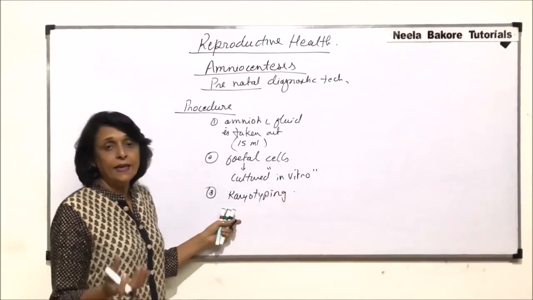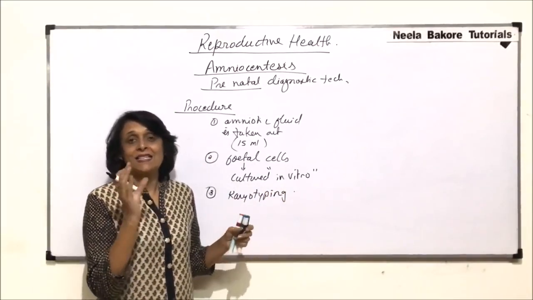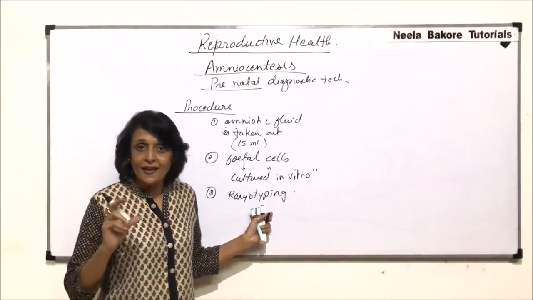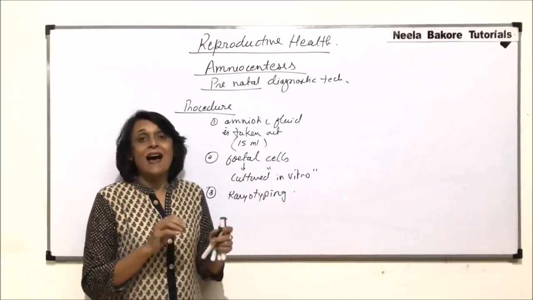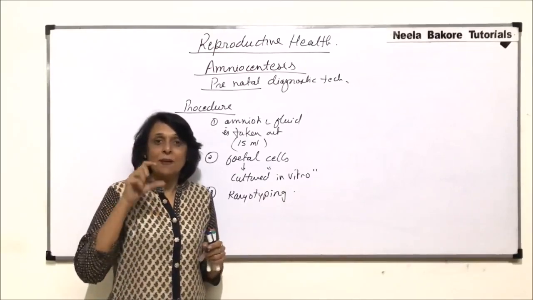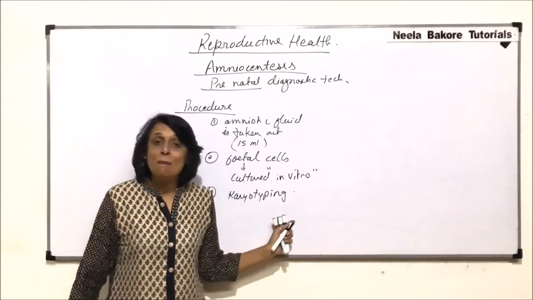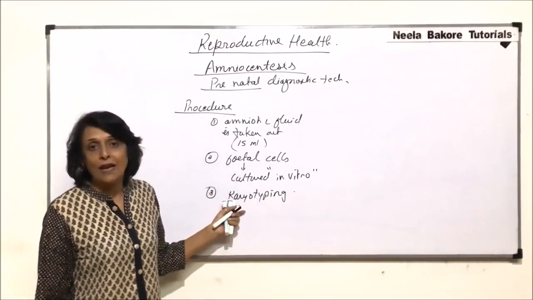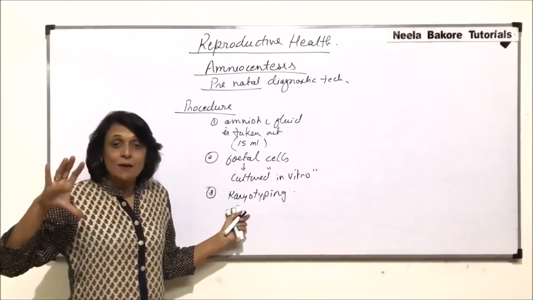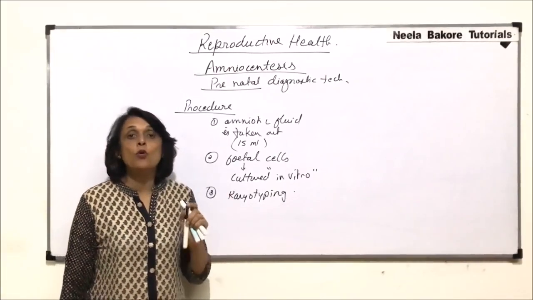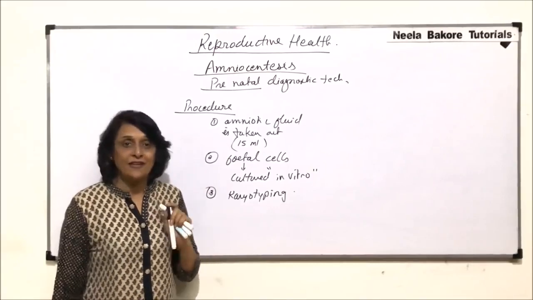Karyotyping is basically where the cell division is arrested in metaphase, where the chromosomes are thick. These chromosomes are stained, their pictures are taken, and then they are arranged in a systematic manner. That is called karyotyping. And when we see this complete picture, then we are able to find out chromosomal defects.